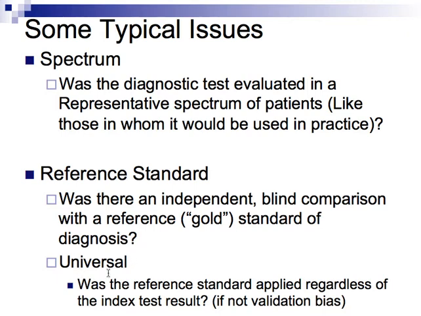The other thing that can happen is that the gold standard isn't universally applied to all the participants. It says validation bias here, but I think it's also called verification bias. Essentially, the question is: was the reference standard applied regardless of the index test results? Frequently, a surgical procedure or an imaging procedure is considered better, but is usually expensive and hard to perform.